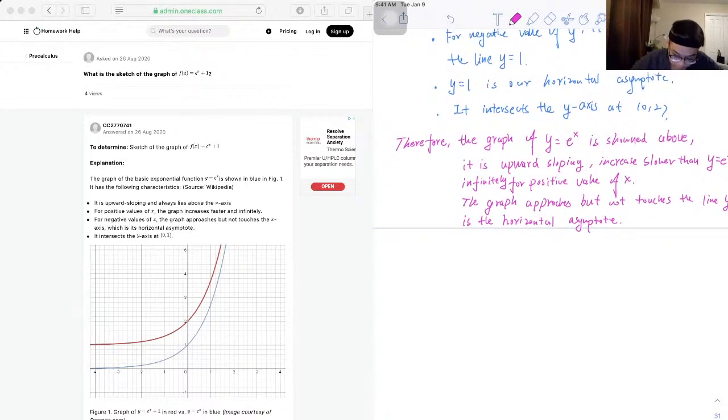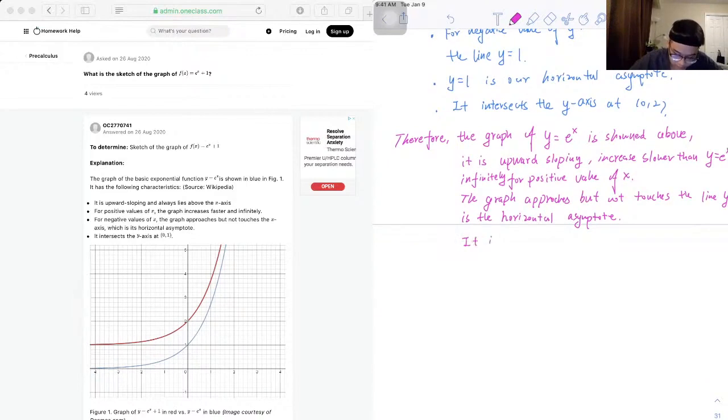And lastly, it intersects at 0, 2 on the y-axis. Yep.